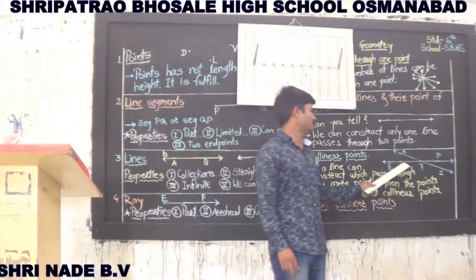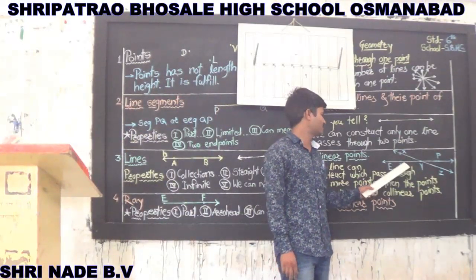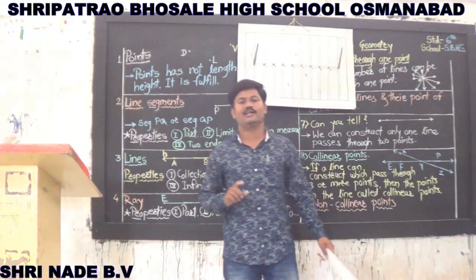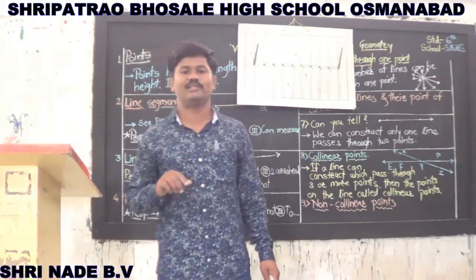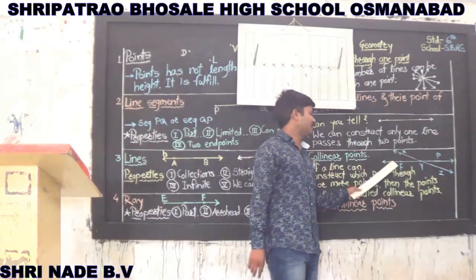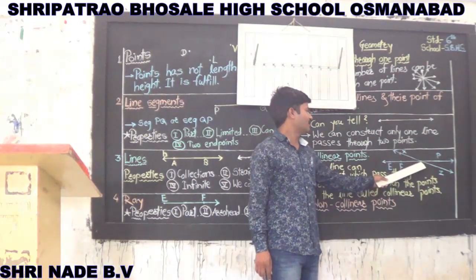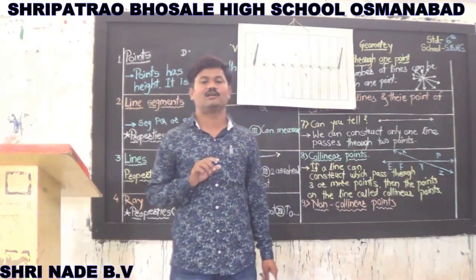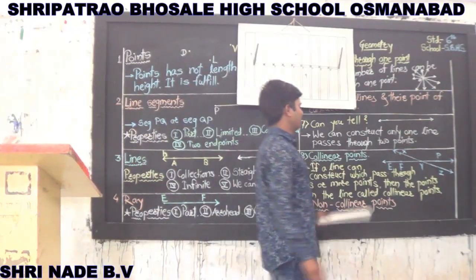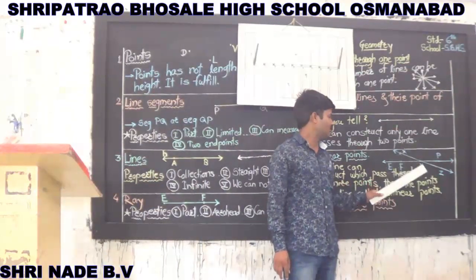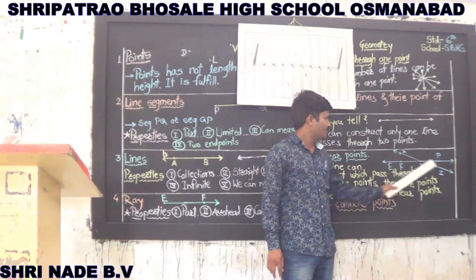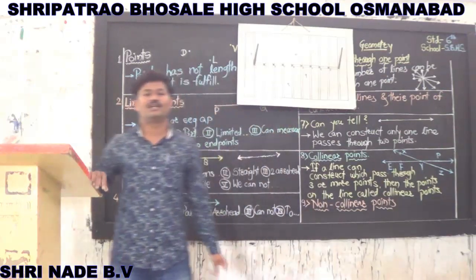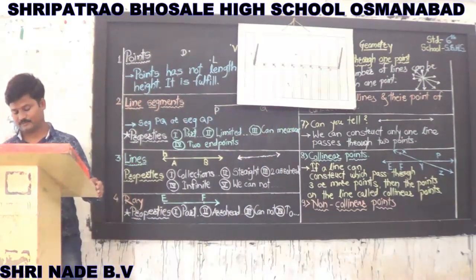Now look at another example of collinear points: point F, point Y and point P. Point E, point Y, point X is an example of non-collinear points. Another example of non-collinear points: point F, point Z and point X.